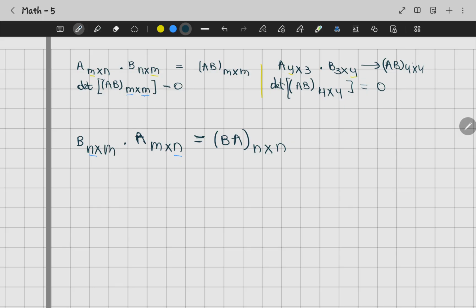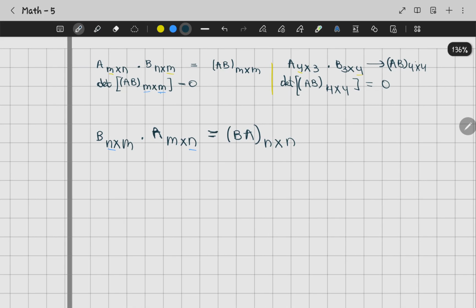And then if you have to find the determinant of this matrix, it's actually B and A, n times n. The answer to this is not going to be equal to 0, so we get an answer that is not 0 for this case.